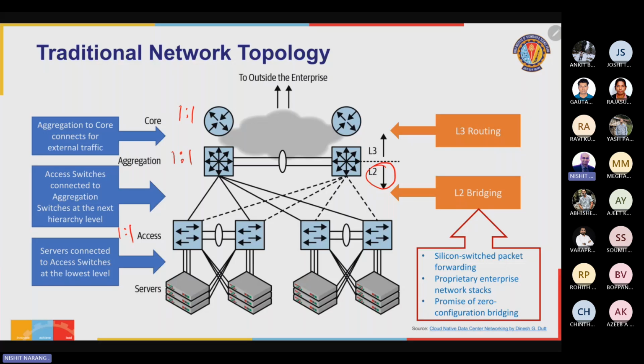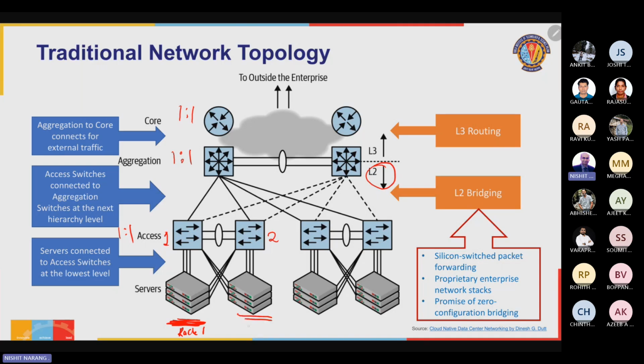And therefore, if you see the connectivity also, 3 servers in this rack, let's call it rack 1. They are connected via 3 physical cables to 3 ports of access switch 1. But they're also connected via 3 separate cables to access switch 2 as well.